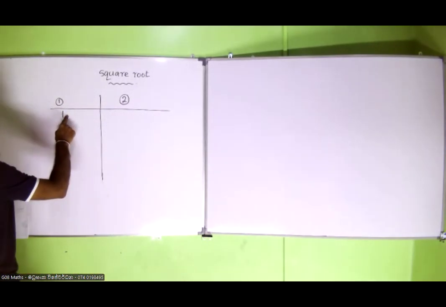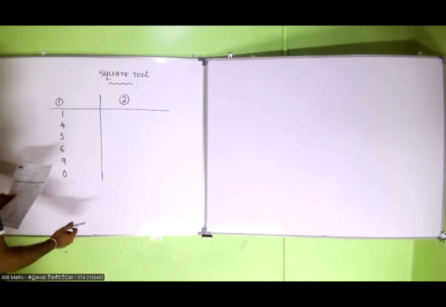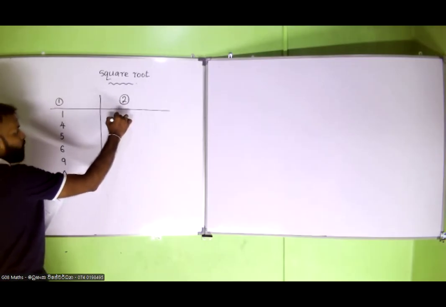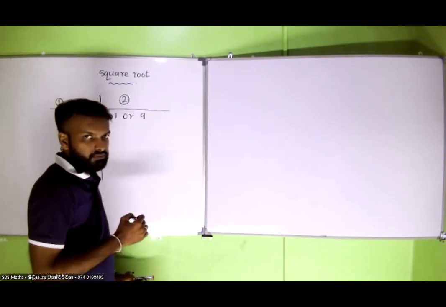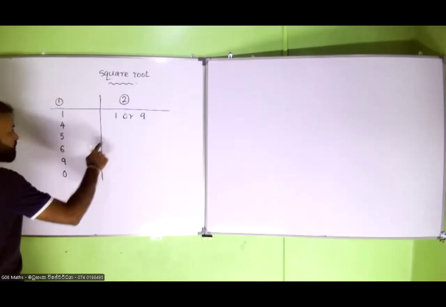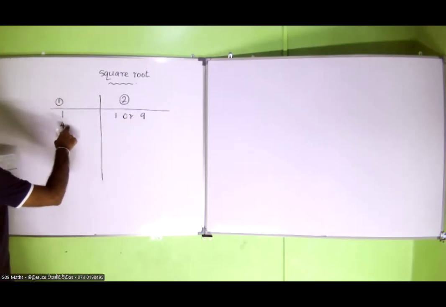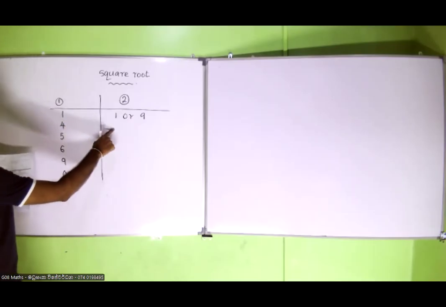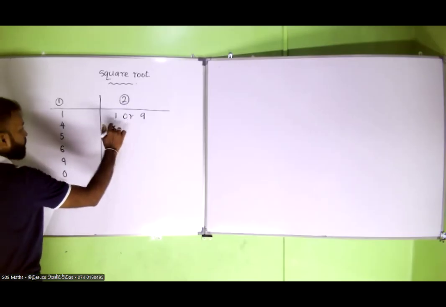If the units place of the perfect square is 1, the digit in the units place of the square root should be 1 or 9. මේක තාම තේරෙන්නේ නැහැ, I will explain. If the digit in the units place of the perfect square is 4, then the digit in the units place of the square root will be 2 or 8.